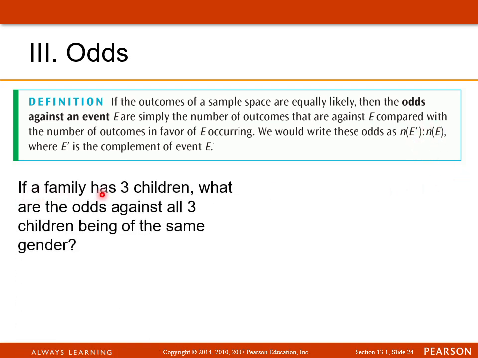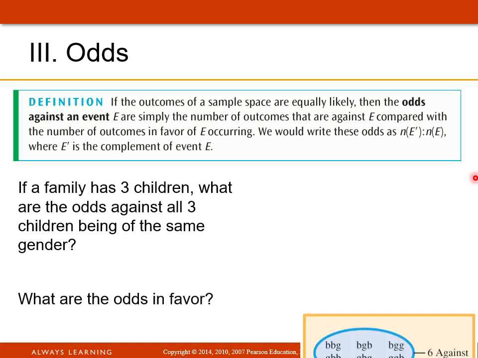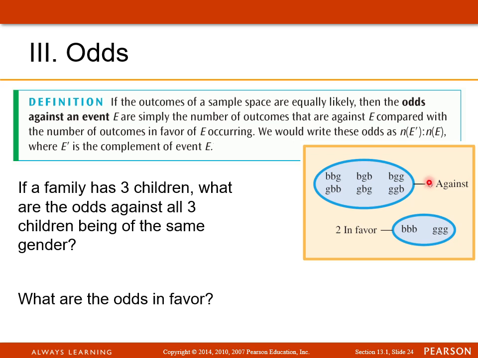Okay, so if a family has 3 children, what are the odds against all 3 children being of the same gender? What are the odds in favor? Okay, well, let's see. Okay, these were our 8 different ways that those children could be born.